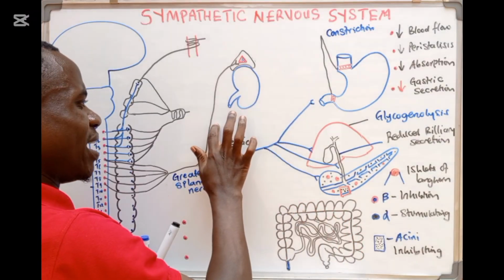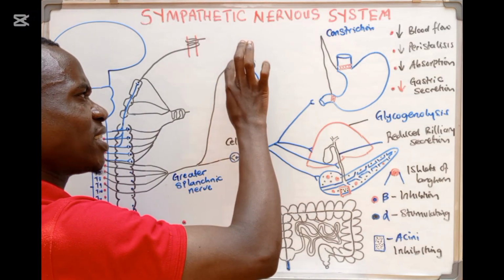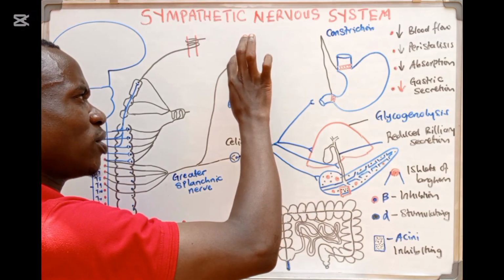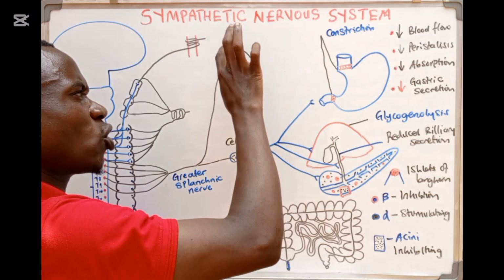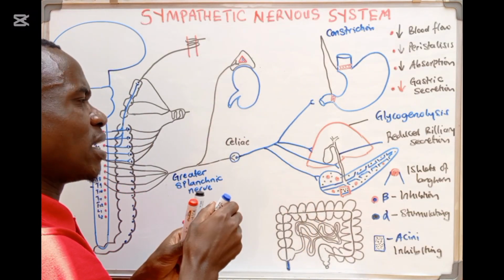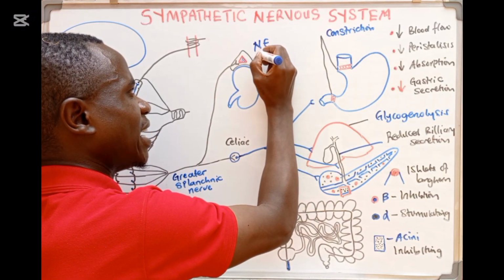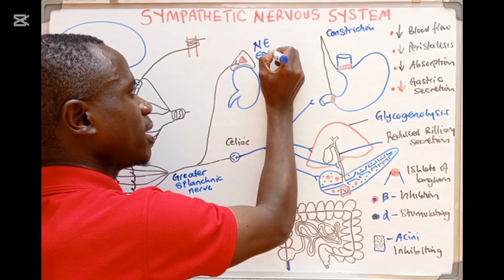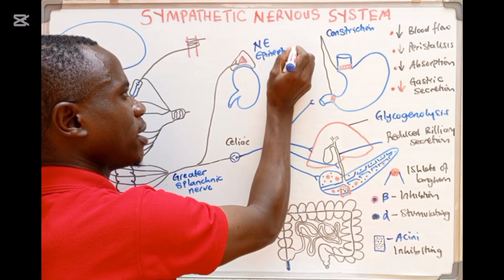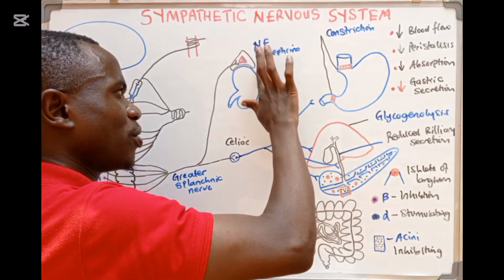These preganglionic motor fibers release acetylcholine, which binds on the nicotinic receptors on the chromaffin cells, which stimulates them to release two chemicals. What are these two chemicals? The first one is norepinephrine, and the other one is epinephrine.